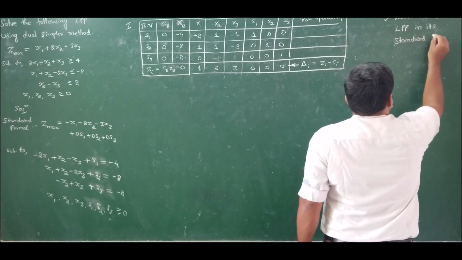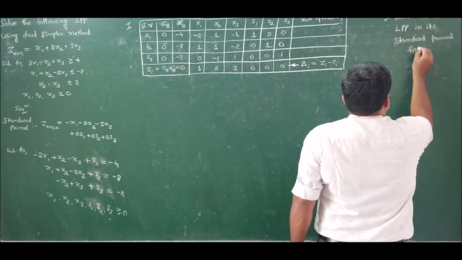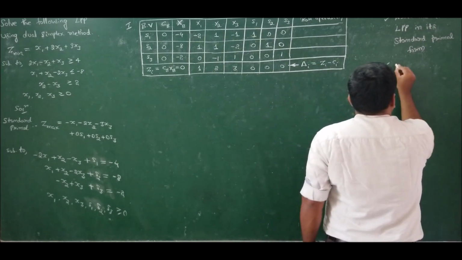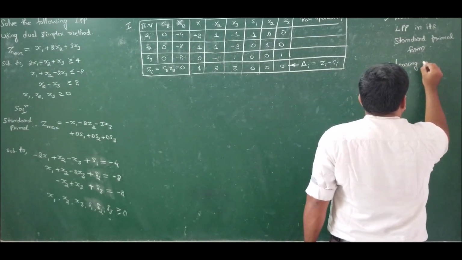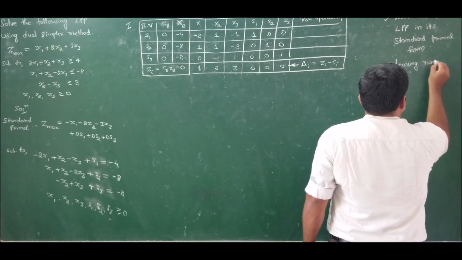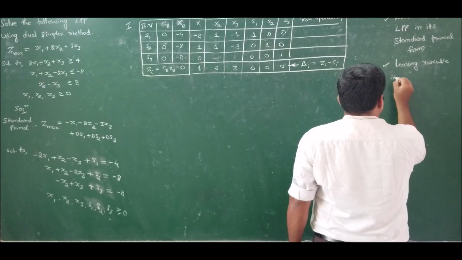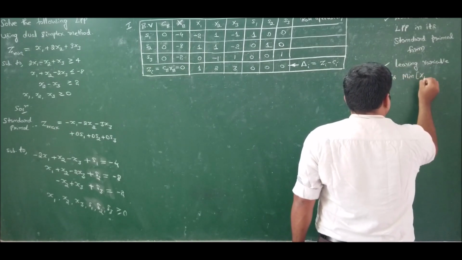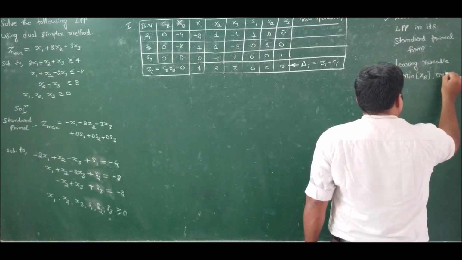In step 2, find the leaving variable, which is the minimum of xb. You should consider only negative values.